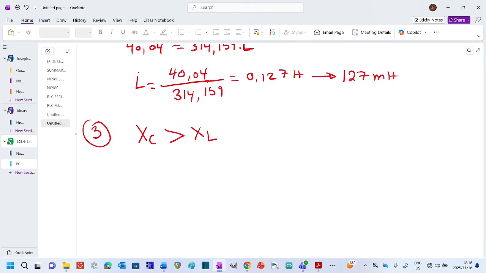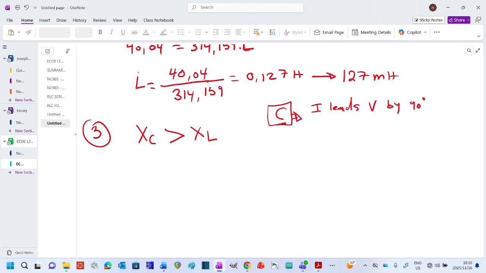So we are dealing with a capacitive circuit. What happens in a capacitive circuit? The current leads the voltage by 90 degrees.